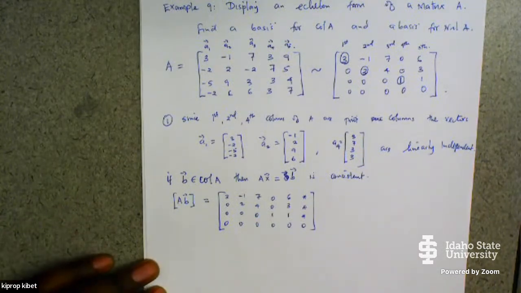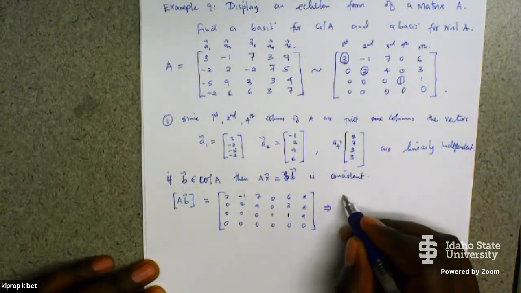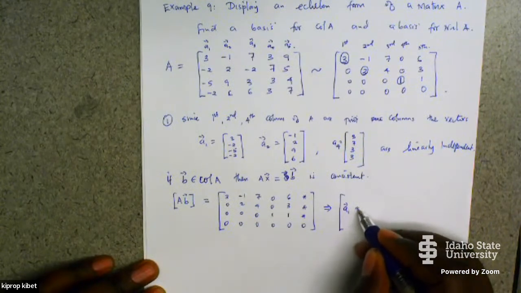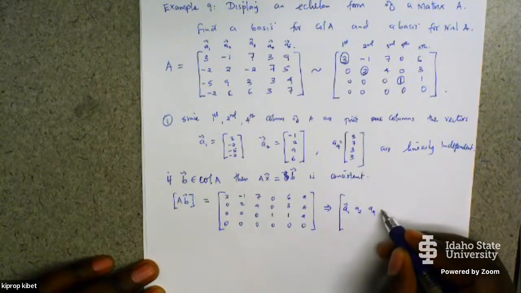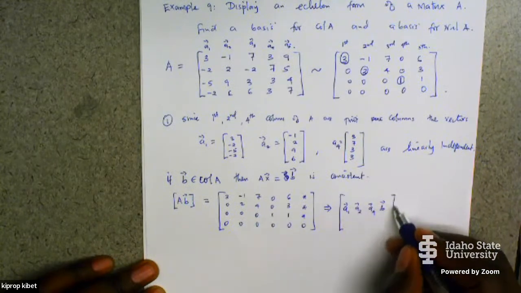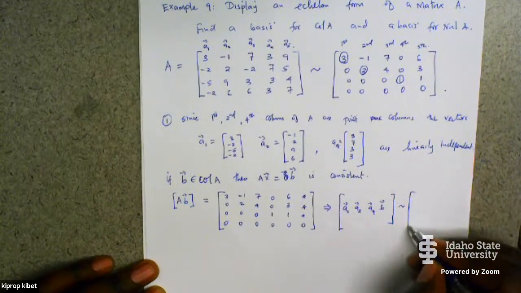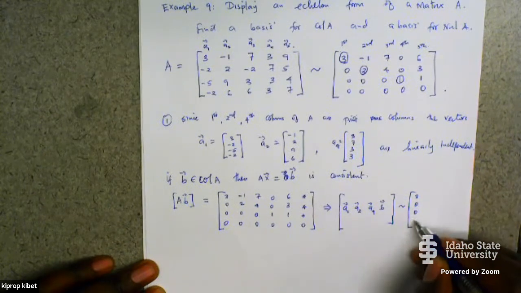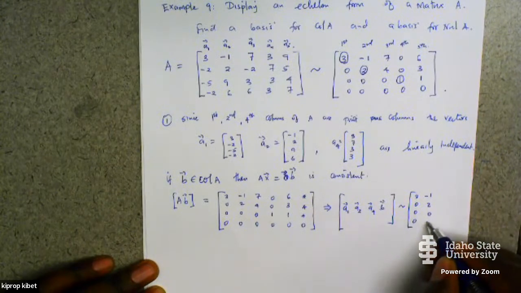Then this is now the same as A1, A2, A4, and now our B. It is now similar to taking our 3, 0, 0, 0, -1, 2, 0, 0.